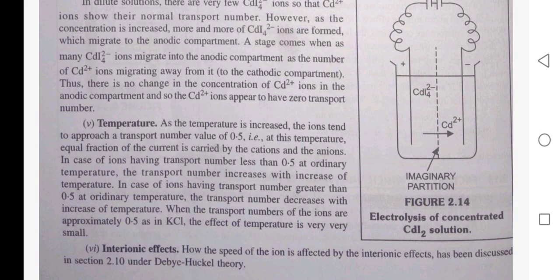In case of an ion having transport number greater than 0.5 at ordinary temperature, the transport number decreases with increase of temperature. Where the transport numbers of ions are approximately 0.5 as in KCl, the effect of temperature is very small.